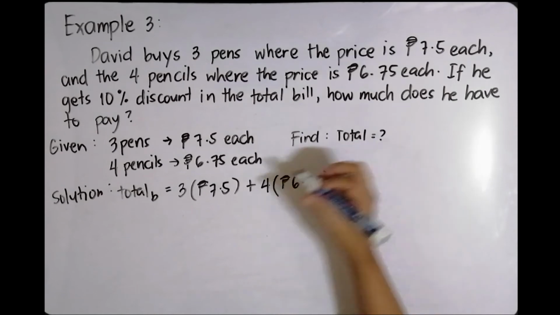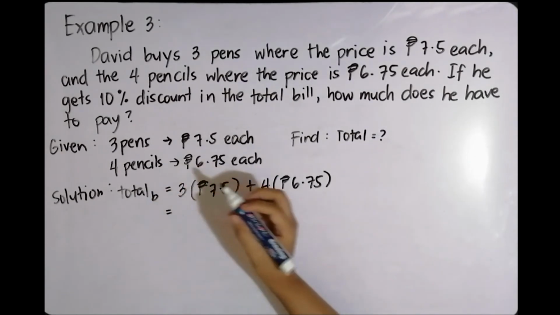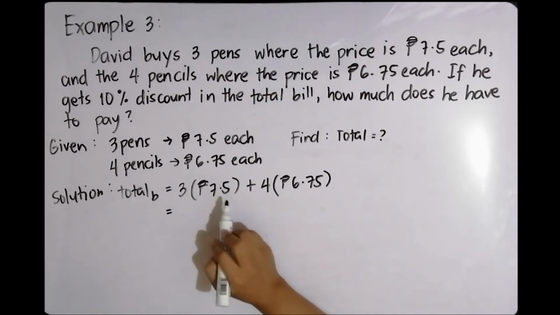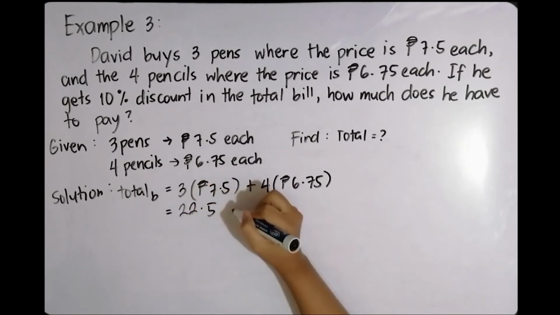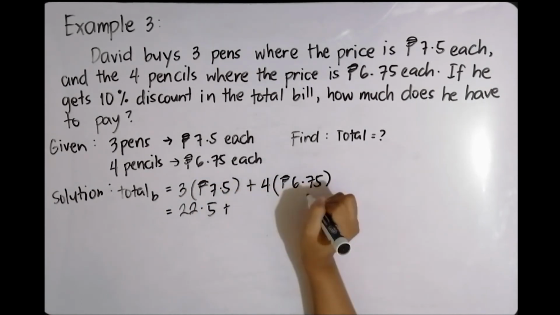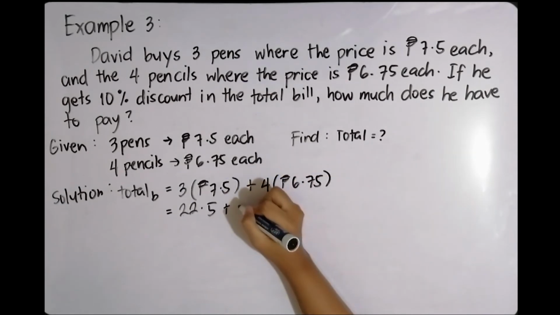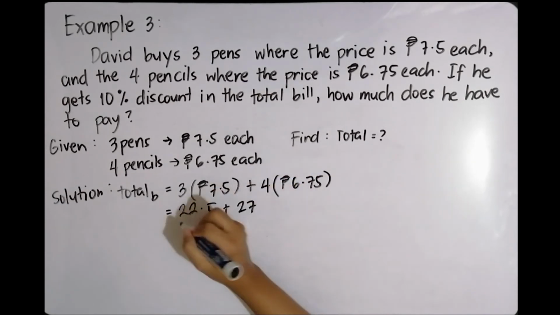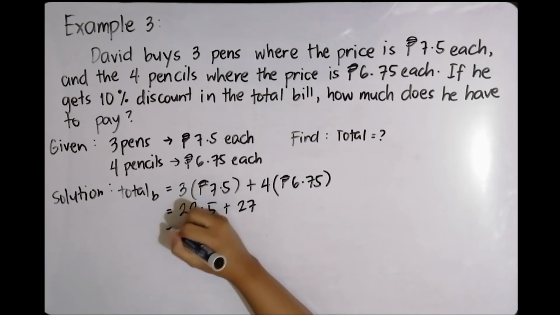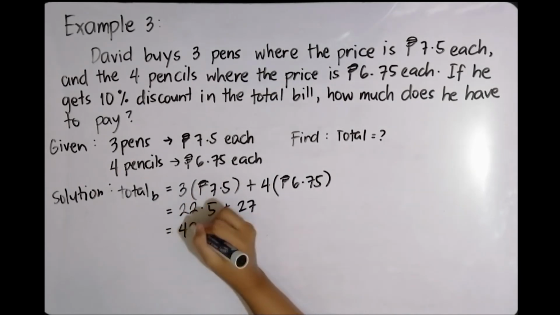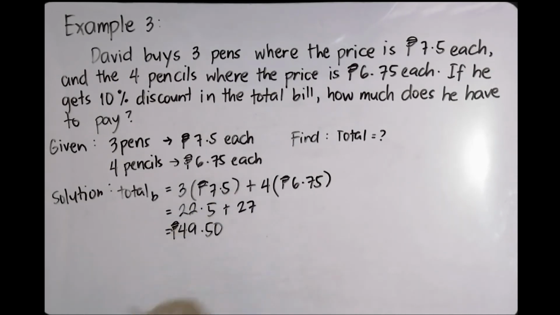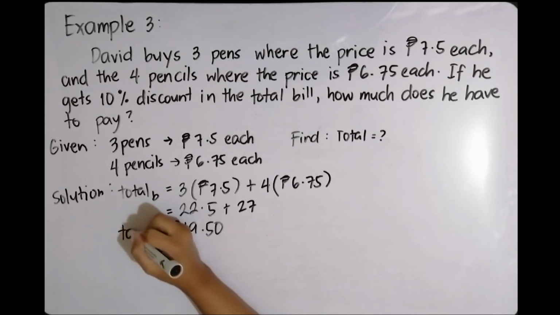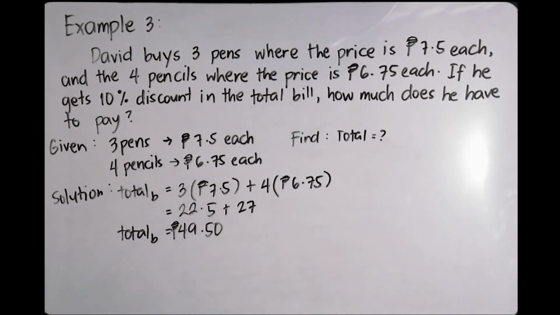So let's solve the total bill. We have 3 multiplied by 7.5, that is 22.5 pesos. Then we add 4 times 6.75, which is 27 pesos. Adding the two, we have 49 pesos and 50 cents. So let's put the peso sign.